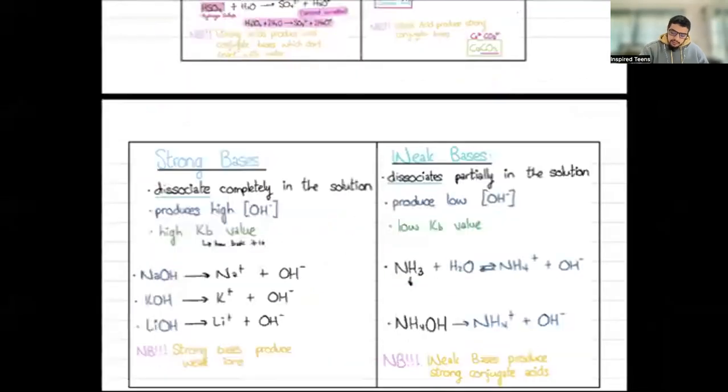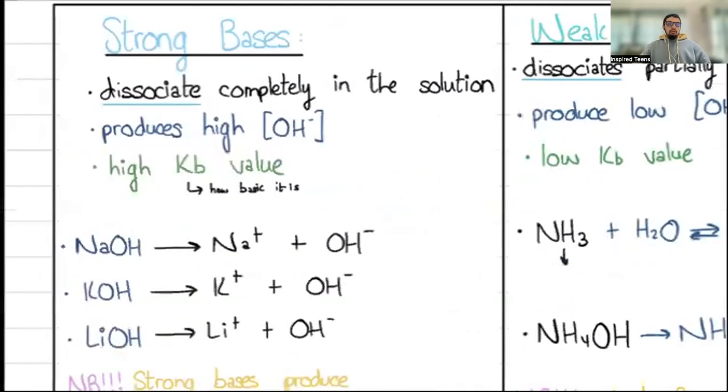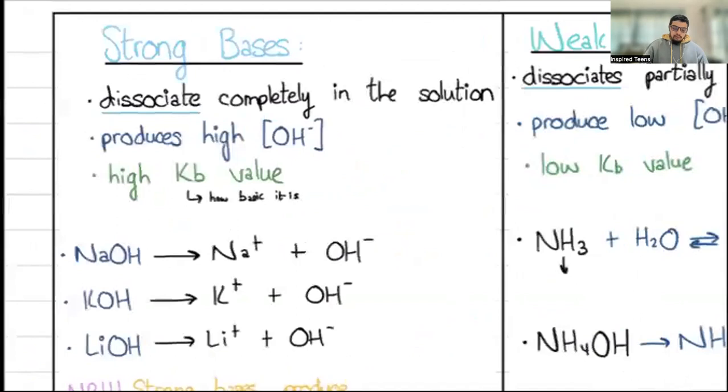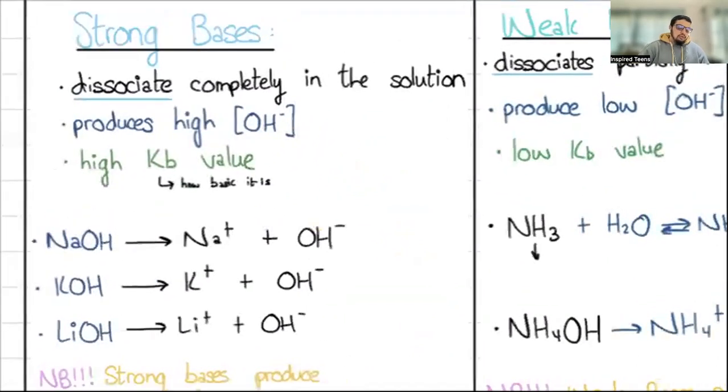Now let's discuss the bases. A strong base is a substance that dissociates completely in water. So bases dissociate, and a weak base dissociates partially in the solution. A strong base produces a high concentration, and those square brackets represent concentration, if you remember from equilibrium, of hydroxide.